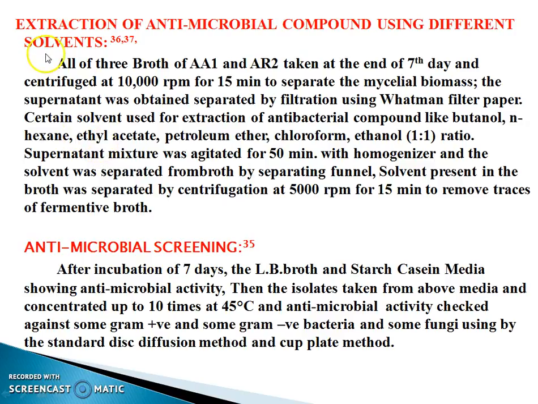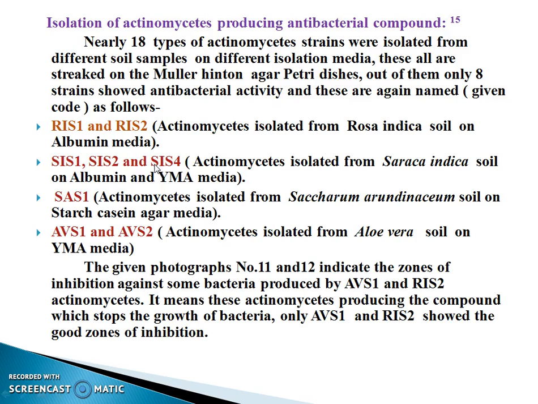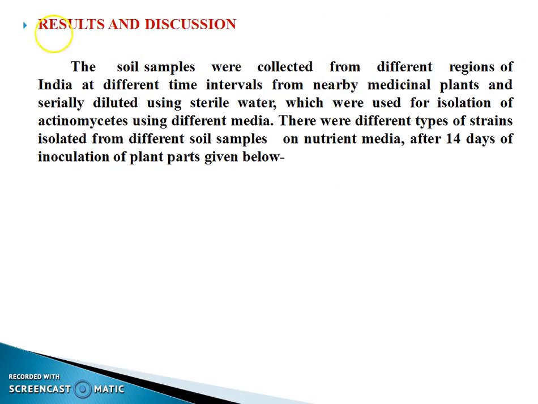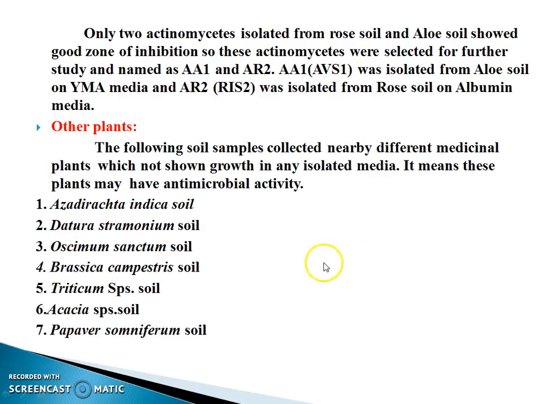So the extraction: when I performed different experiments, I found A1 and AR2 show some activity against the microbes, and these are the results shown in the slide, like RIS1 and RIS2, which show Rosa indica soil, and SIS1, SIS2 and SIS4, which show Sarca indica soil, and then aloe vera soil.